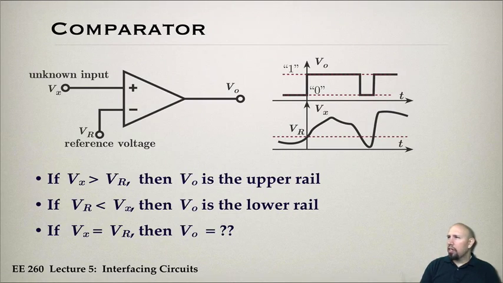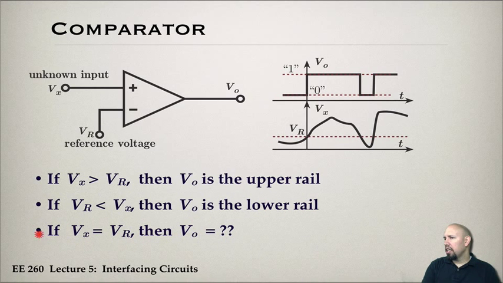So the first application of this is something called a comparator. The comparator compares an unknown voltage Vx with some known voltage Vr, a reference voltage. And so we have these three conditions. If Vx is greater than Vr, then the output voltage is the upper rail. If Vx is less than Vr, then the output voltage is the lower rail.